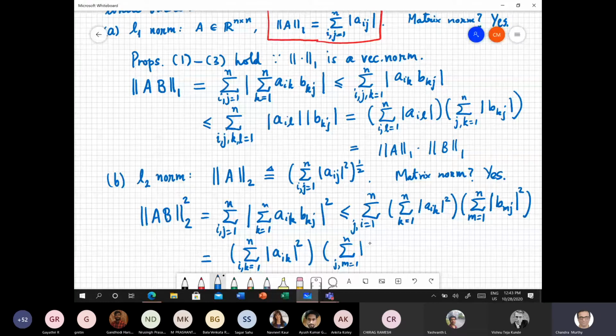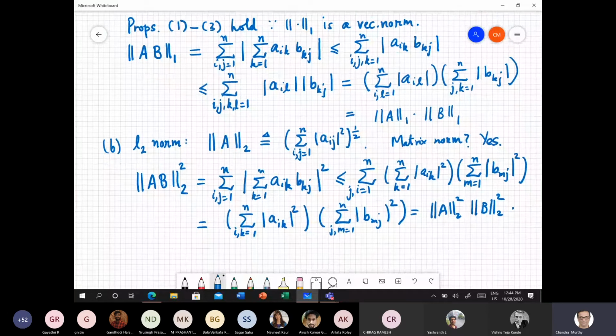These two are exactly equal. It's just another way of writing this double summation with the summation inside of it. And so this is equal to the L2 norm of A squared times the L2 norm of B squared. So it does satisfy this submultiplicativity property. This particular matrix norm is actually called the Frobenius norm.